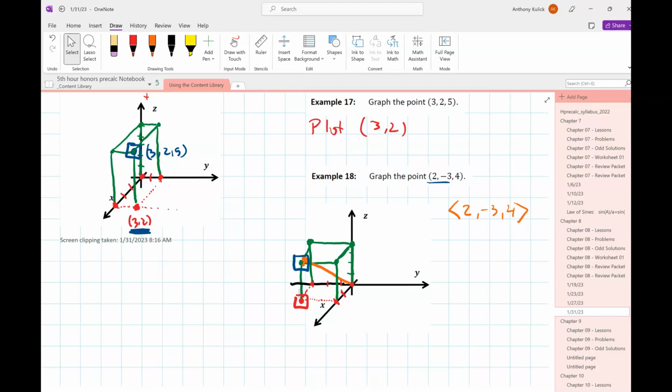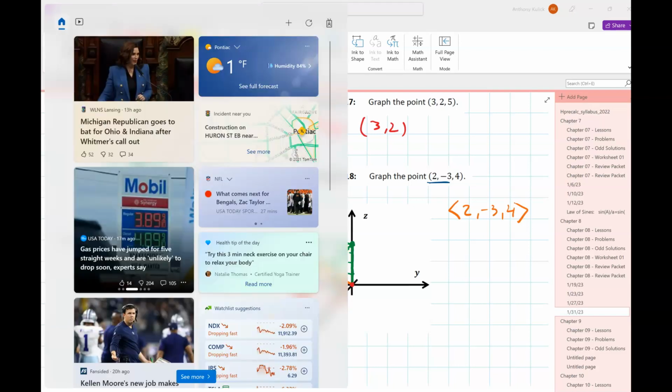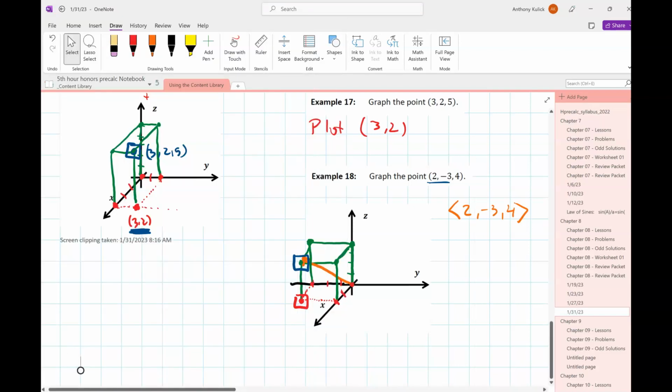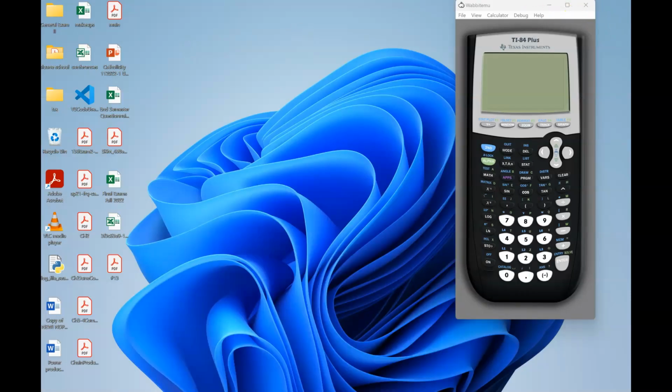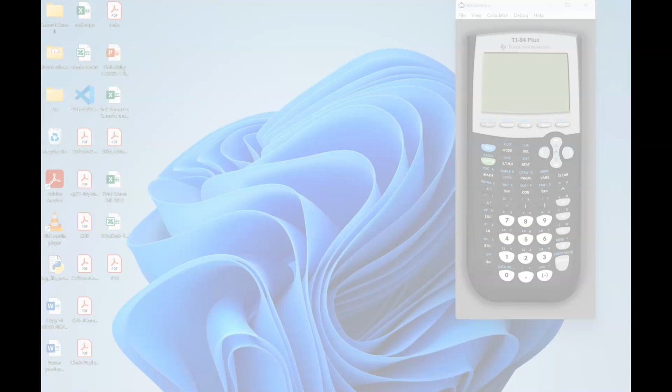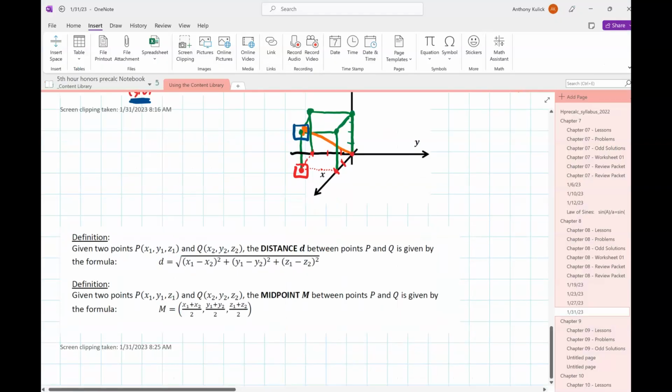The last two things that I want to talk about with the 3-dimensional axis is just what a distance, a length, looks like, and a midpoint. How do you do that in 3 dimensions? Well, we're just going to appropriately modify our distance formula and our midpoint formula.